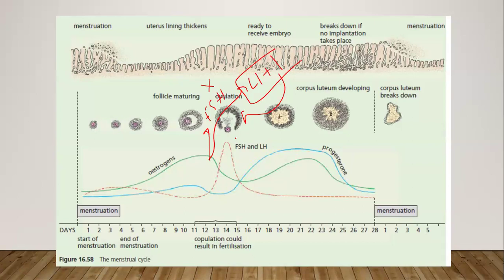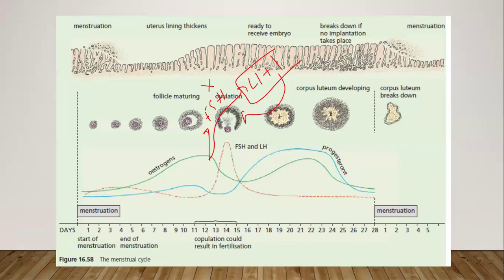So if within the small window, it's actually a quite small window, fertilization does not occur, what is going to happen is that your egg is going to be removed from the body. And after the egg has been removed from the body, obviously the uterine lining is going to start to break down.